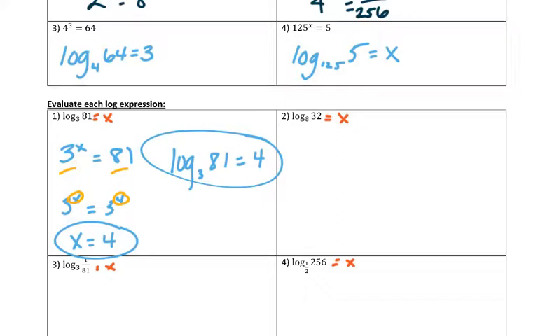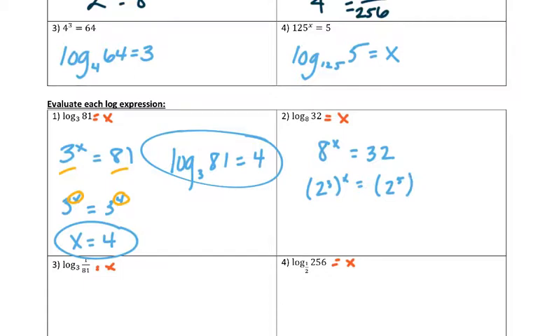Okay, so now we're going to do it again. The first thing you're going to do is convert. 8 to the power of x is equal to 32. We need to find a common base between 8 and 32. That common base should be 2. So this is 2 to the 3rd power, and this is 2 to the 5th power.